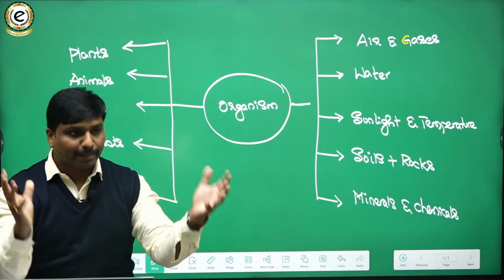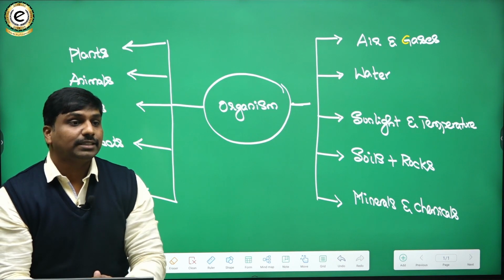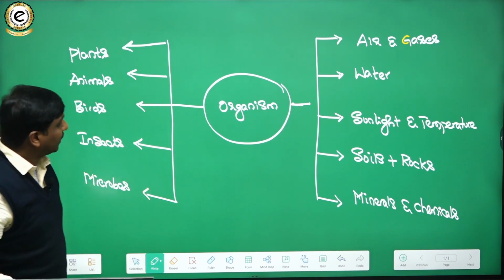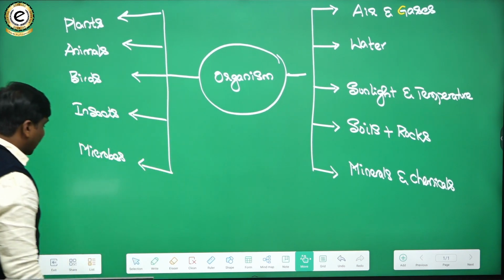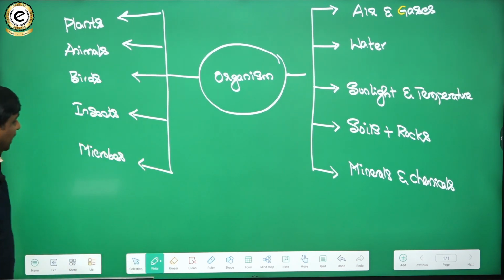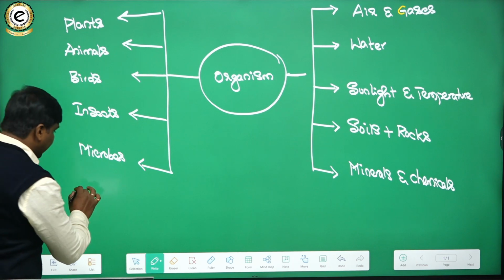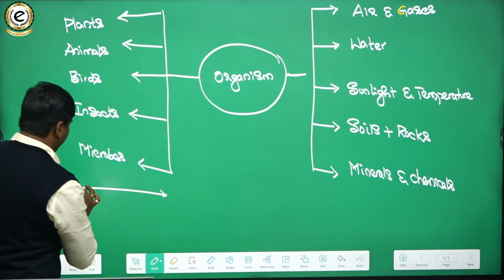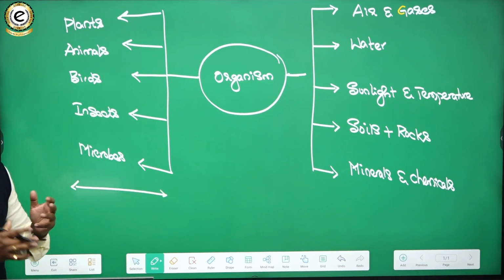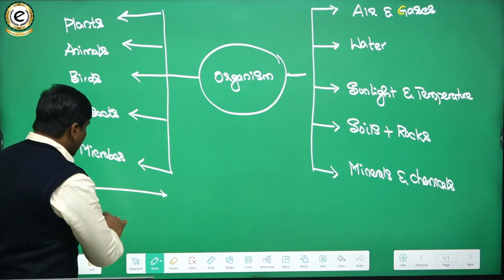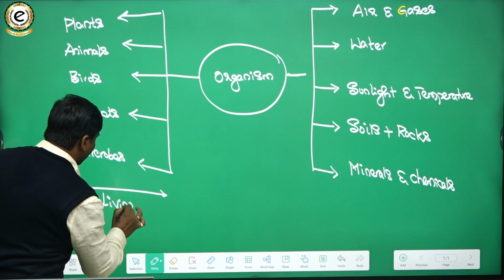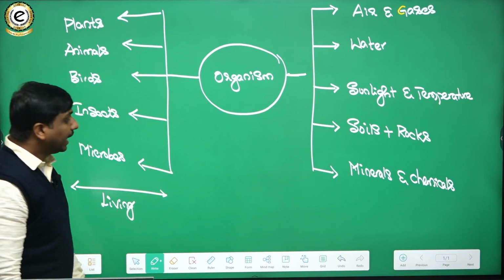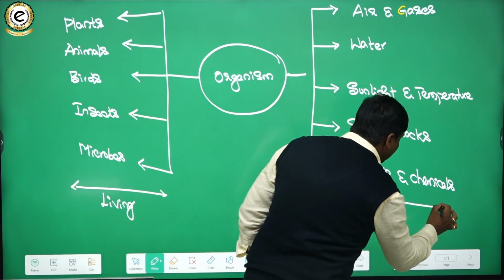So all of them together would be known as the surroundings, and they are nothing but various components. If we look at these things, one thing that is common is that they are all living components. They all have life. So we can say them as living components, living things, and these are all non-living things.